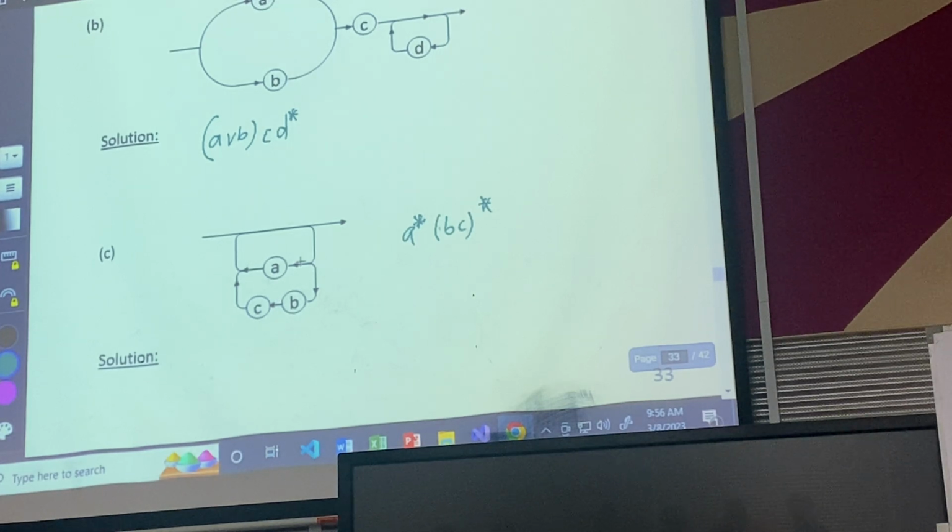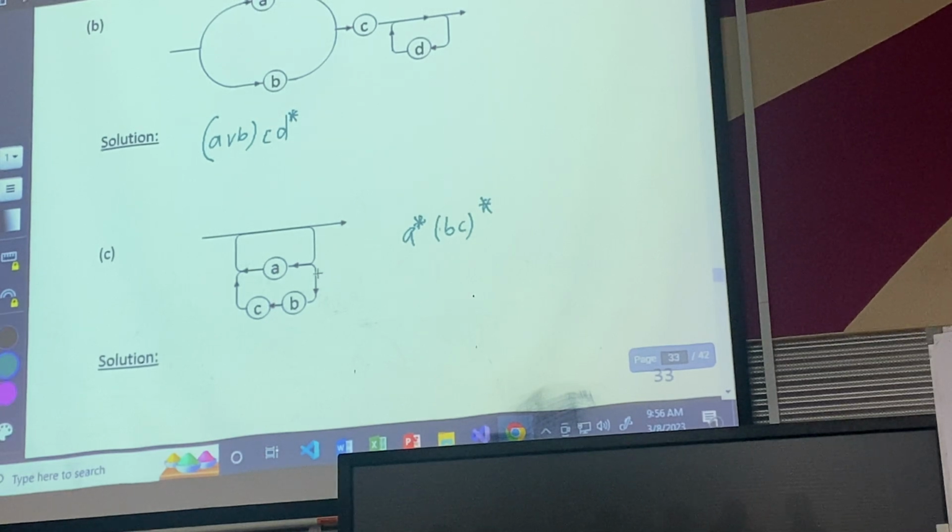You can either go through A and then go back, and then another time come down, you can either choose BC and then go back again. You need to see the arrow, the direction. So when you go to A, you cannot go to BC. When you go to BC, you cannot go to A. Every loop you go.